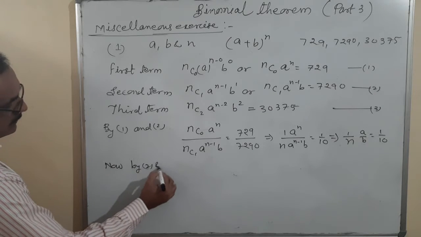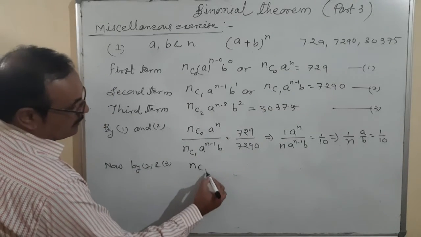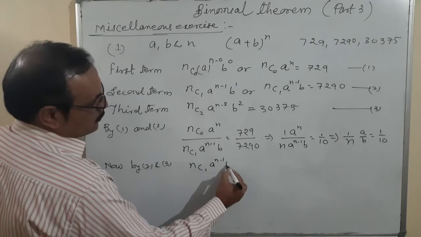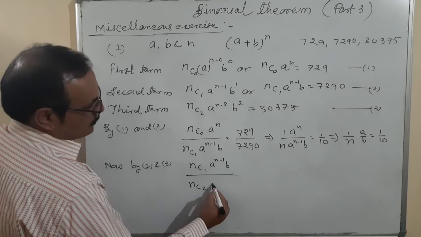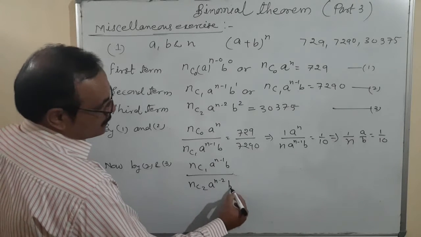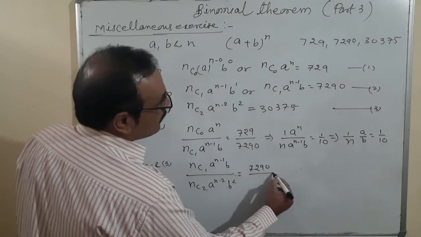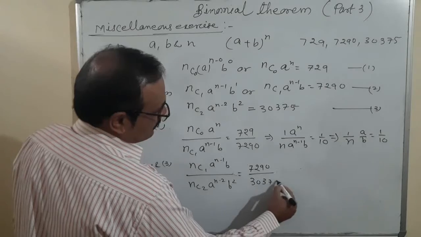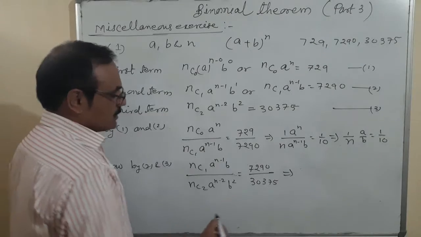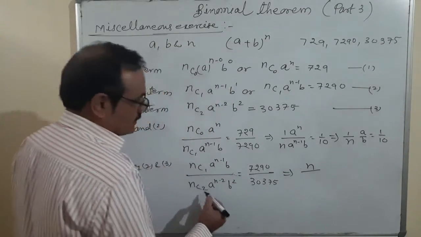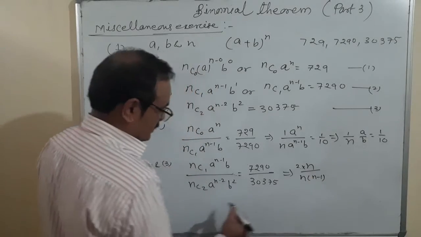Now we'll divide the same way, second by third. nC1, a to the power n minus 1 into b upon nC2, a to the power n minus 2 into b square is equal to 7290 upon 30375. nC1 is n only, upon nC2, n into n minus 1 upon factorial 2, so the 2 will be shifted upside.